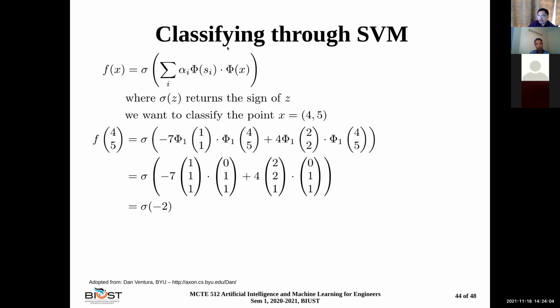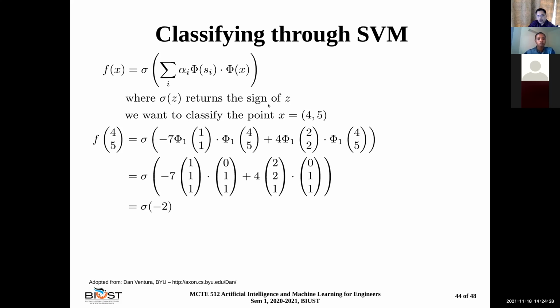Whatever the result is, sigma is just the sign function: if it's greater than or equal to 0, that's +1, and if it's less than 0, that's -1.